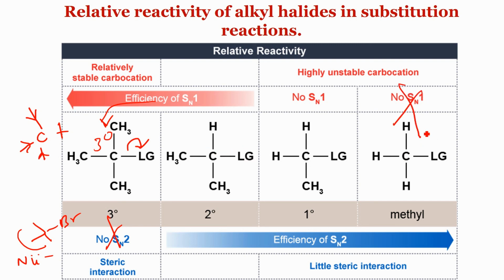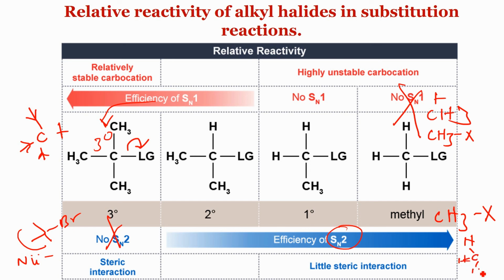SN1 does not like methyl substrate because these tend to give you methyl carbocation which is unstable. But SN2 will very much like the methyl halide. Why? The backside is open for the nucleophile to attack.